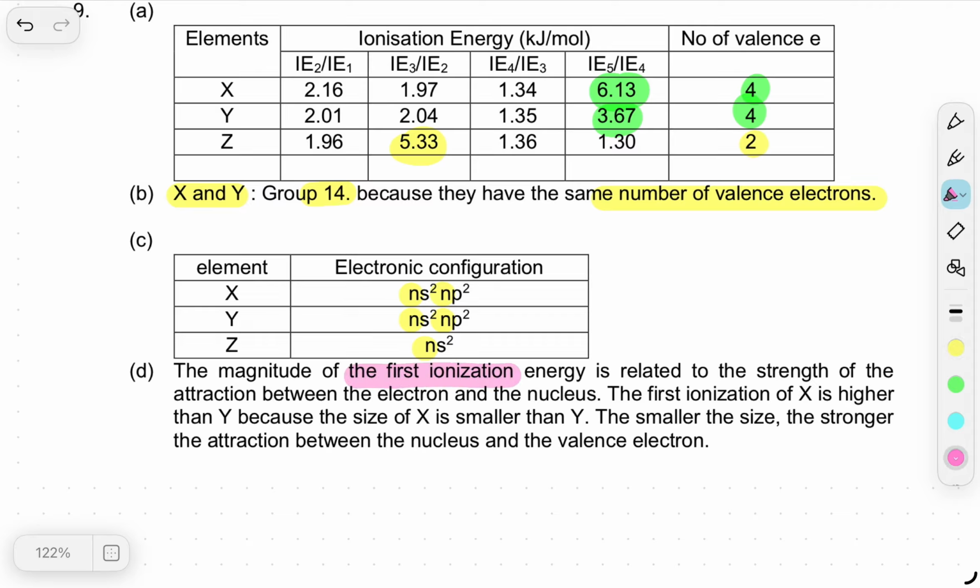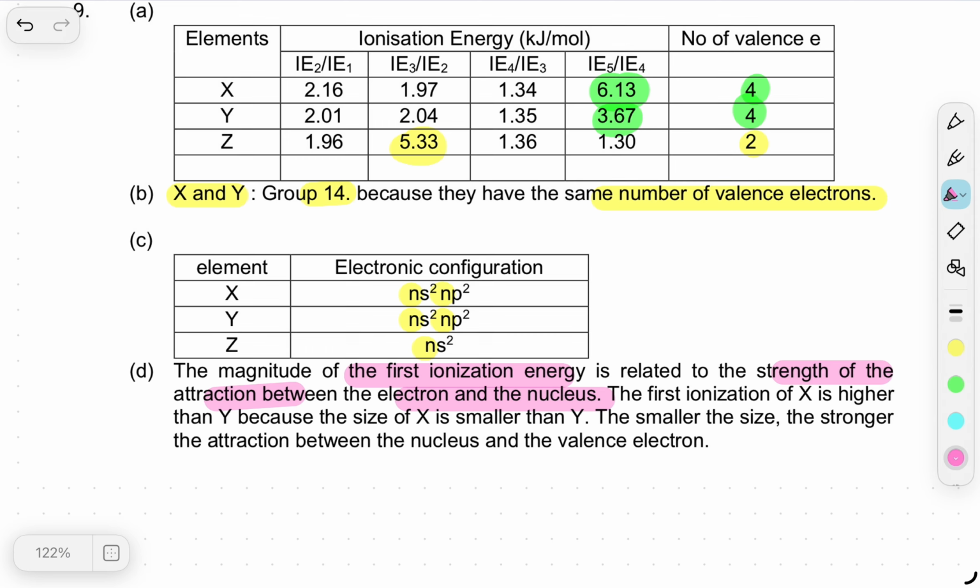The magnitude of the first ionization energy is related to the strength of attraction between the electron and the nucleus, correct? Magnitude means the value of the ionization energy. If the ionization energy is high, that means the force of attraction between the electron and the nucleus is strong.